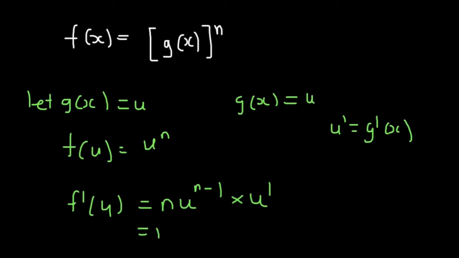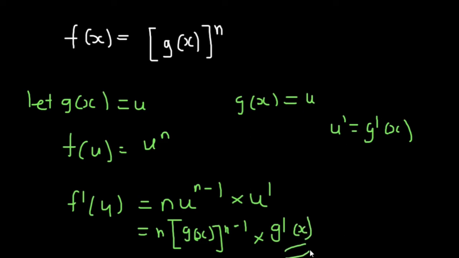So that will be n times g of x, let me put this into square brackets, to the power n minus 1 times u prime, which is the same as g prime of x. This should be your expression for the derivative of that kind of function.